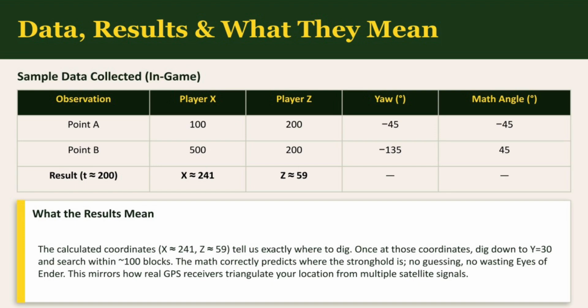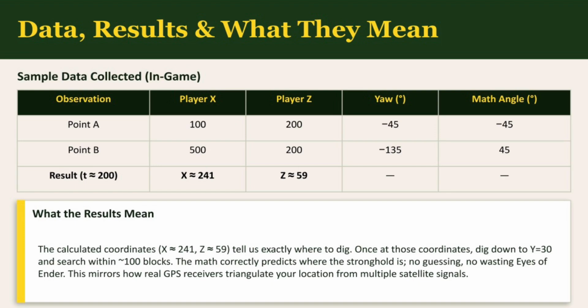So this is just a data table showing where we threw the Eyes of Ender from and what we got and what the results mean. The calculated coordinates tell us exactly where to dig. Once at those coordinates, we dig down, now using the Y axis, to around 30.